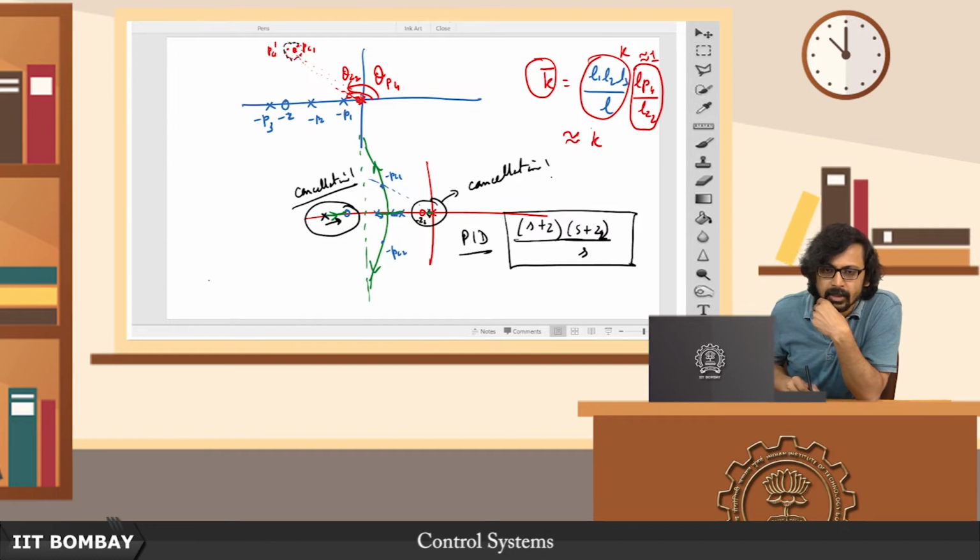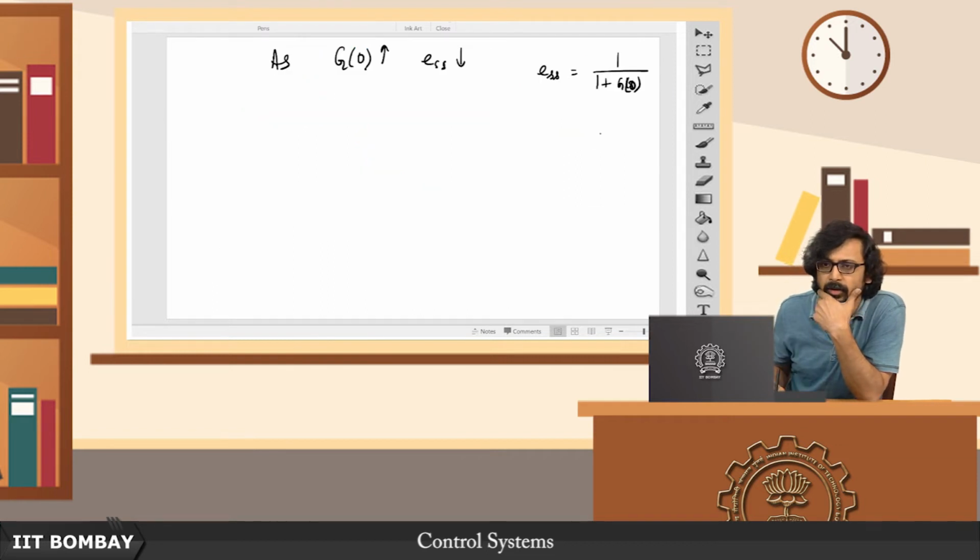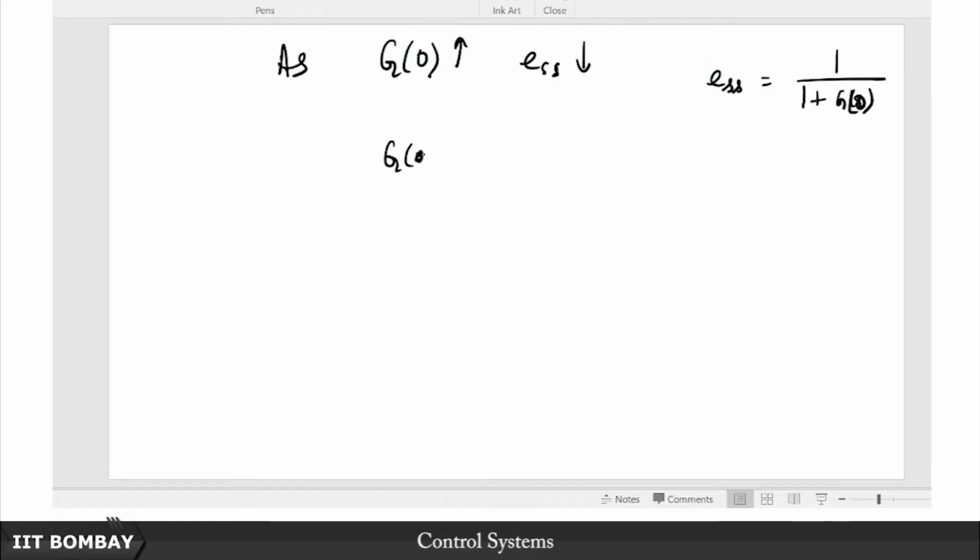But what about the steady state error? Notice that the steady state error will be given by, let me go back to the original slide, 1 over 1 plus G0. So what is G0 now? Let's take the case of the PD controller only. On one hand we have PD, and on the other hand we are now introducing the lag compensator approximation of a PID. So this is K, this is (S plus P1) over (S plus P2) times (S plus P3).